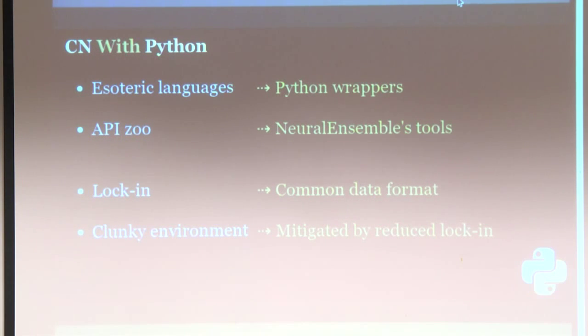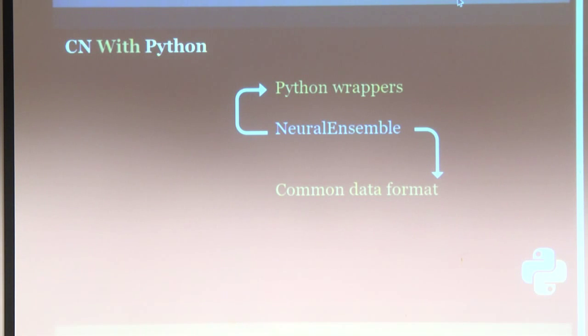It's a set of tools. It's mostly Python libraries, almost entirely Python. It abstracts away the simulator. It converts data from one format to another, and it unifies data analysis also, and it's like SciPy but for brain research.